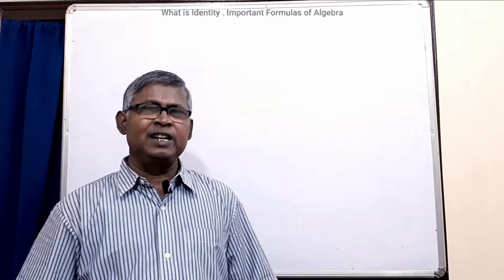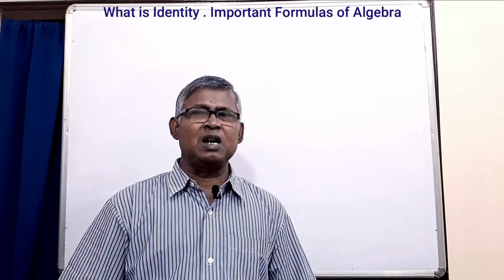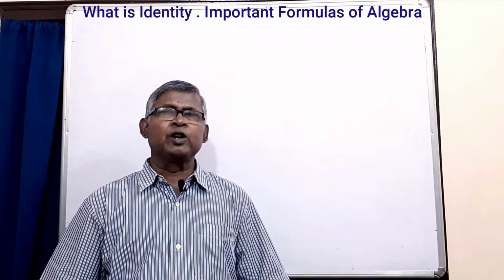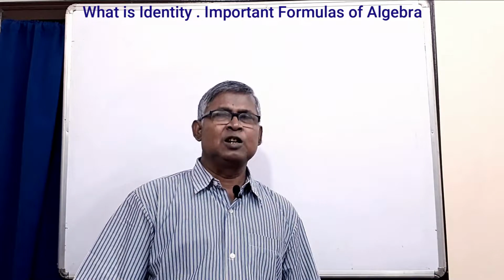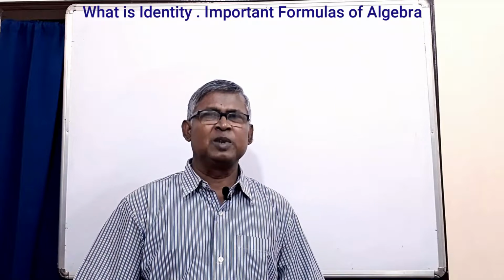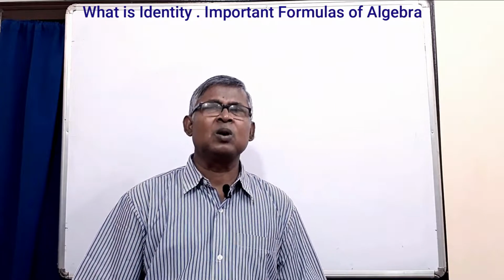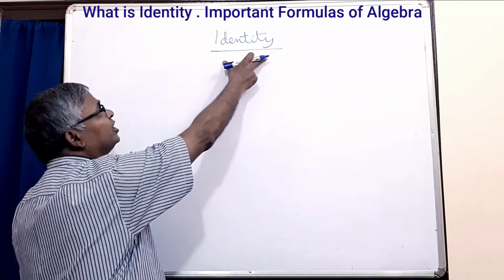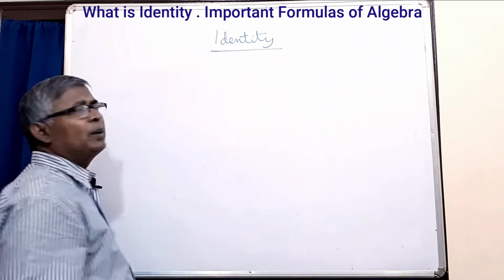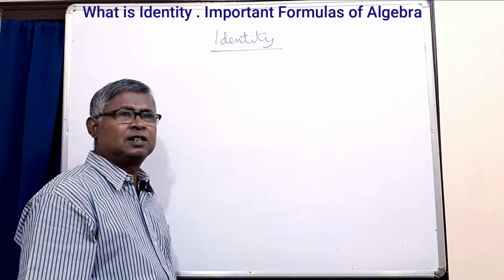Students, in my earlier videos, you have learned the basic rules of algebra: addition, subtraction, multiplication and division of algebraic expressions or terms. Now let us learn what an identity is.